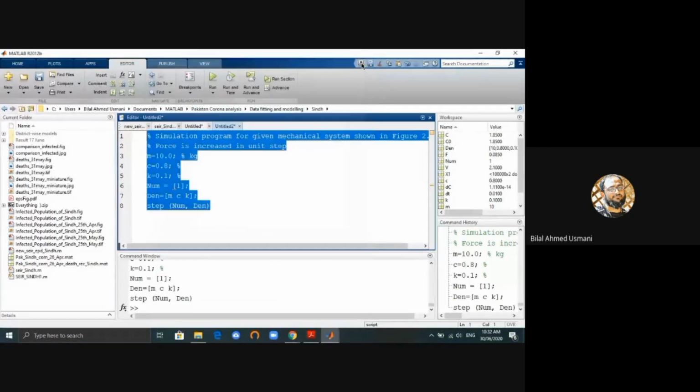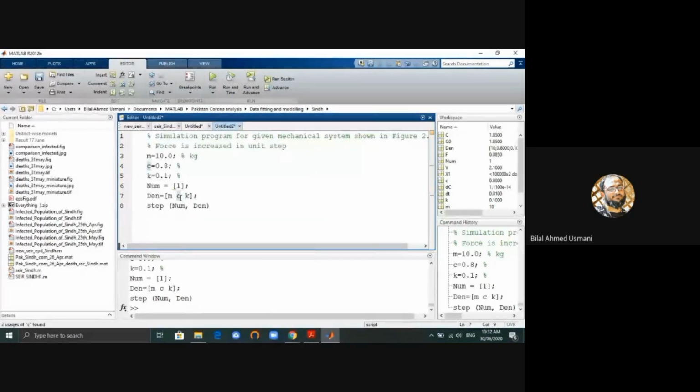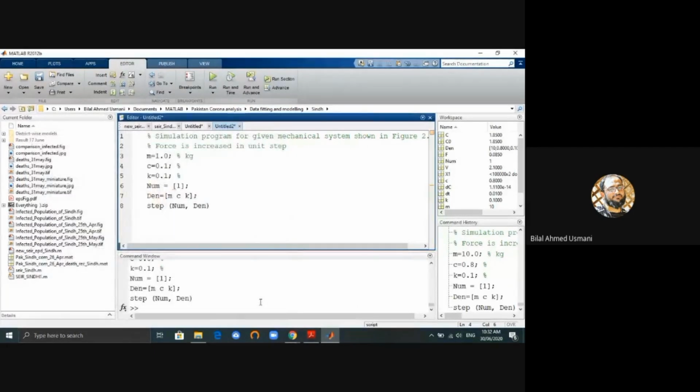When I increase it, as expected, it reduces the fluctuations. So these types of observations, we can always think of these types of observations.